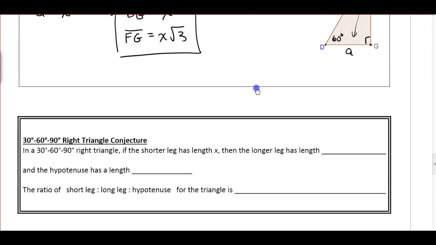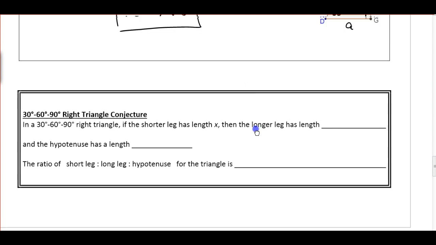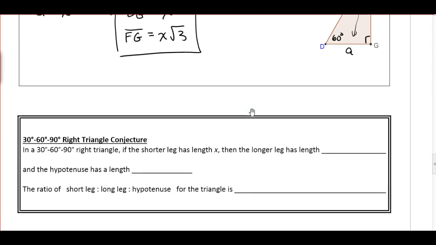Alright, so to summarize here, in a 30, 60, 90 right triangle, if the shorter leg has a length of x, then the longer leg has a length of, we just figured that out right here in this last example, x root 3. And the hypotenuse has a length of 2x.